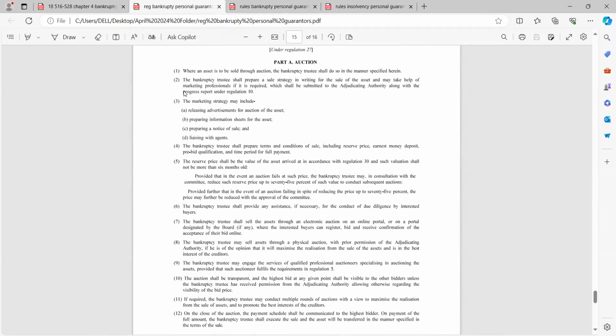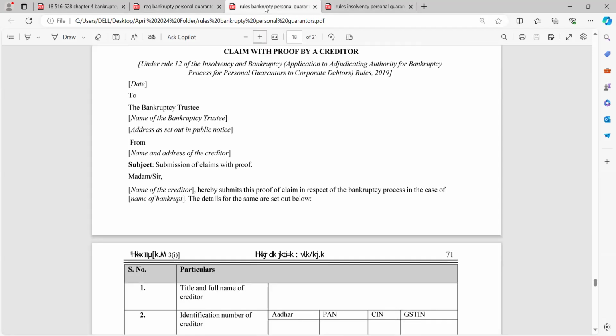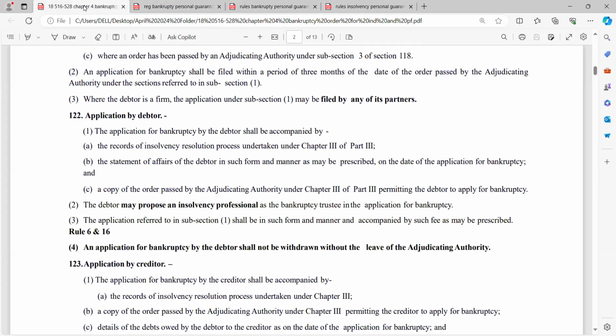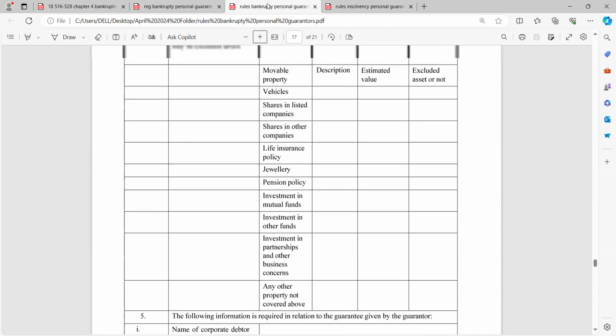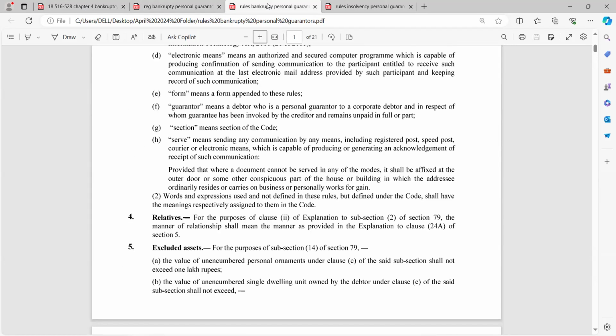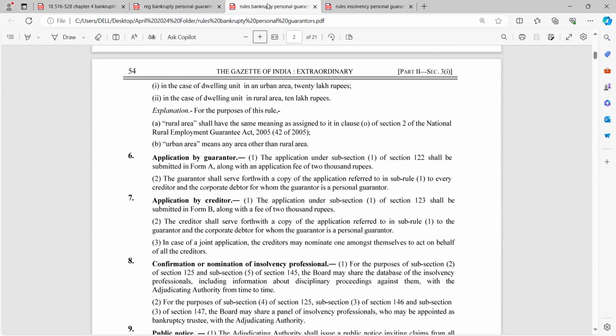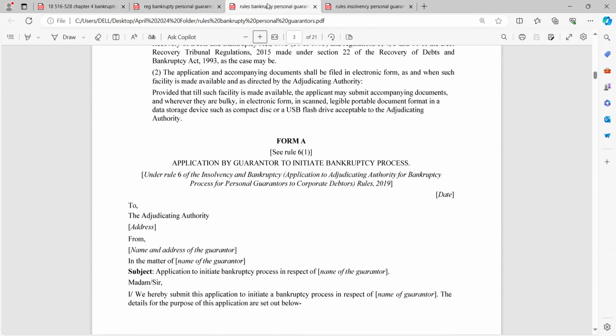Fees of bankruptcy trustee, mode of sale, etc. Anyway. So they are saying Rule 6 and 16, basically. So Rule 6 and 16, let us see what Rule 6 says and what Rule 16 says. Rule 6 is talking of application by guarantor. And then Rule 16 says filing of application and documents. Okay.